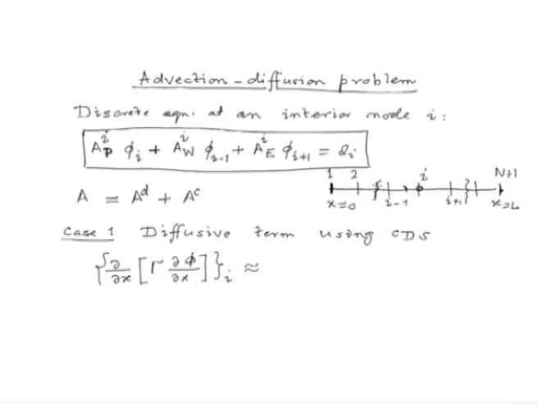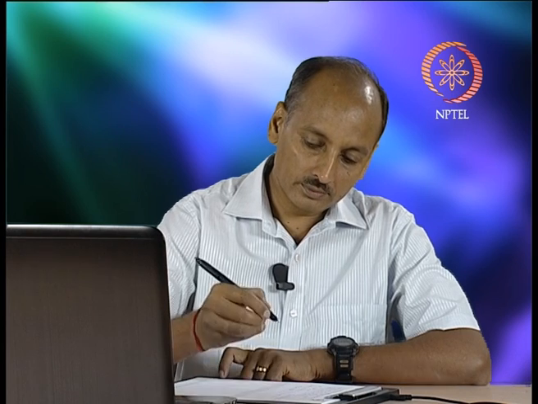So, let us choose these two intermediate node points I plus half and I minus half.